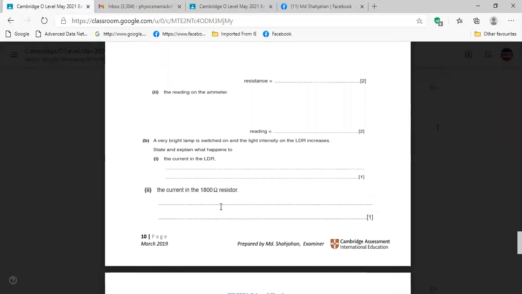Okay, then continue. A very bright lamp is switched on and the light intensity on the LDR increases. State and explain what happens to the current in the LDR. What is the current in the LDR?